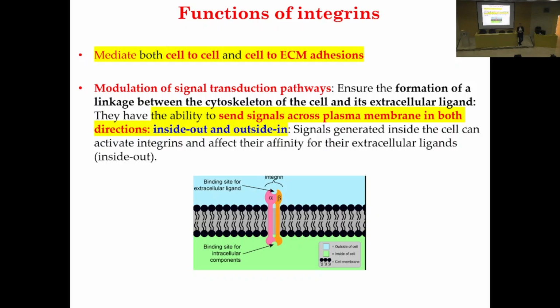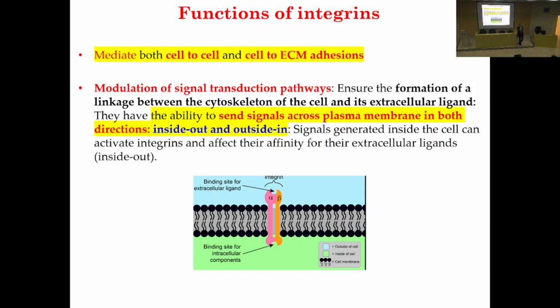The inside out? So in inside out, the signal comes from inside the cell. It goes to the integrin to stop binding these ligands, or signals, or whatever we call them. Okay? So these molecules that carry the signal need to stop sending their signal. So how do they stop?